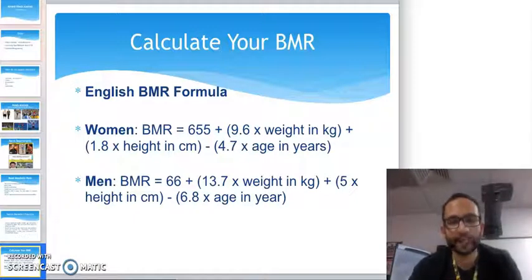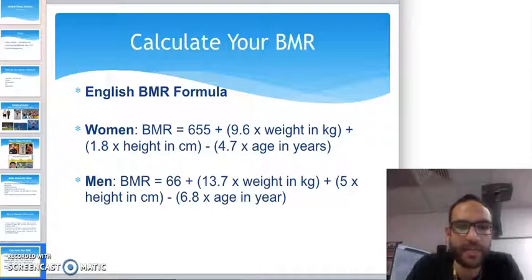Now, energy balance is basically what's needed to have zero weight gain or weight loss, and therefore weight maintenance. If you consume more than your BMR, and more than you expend in your daily life, so this is now your total energy expenditure, you will gain weight.